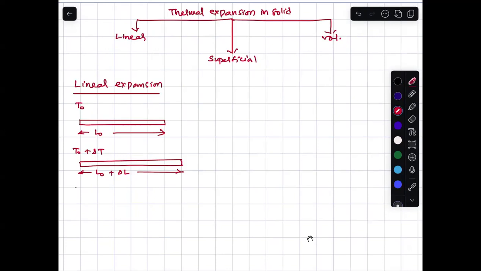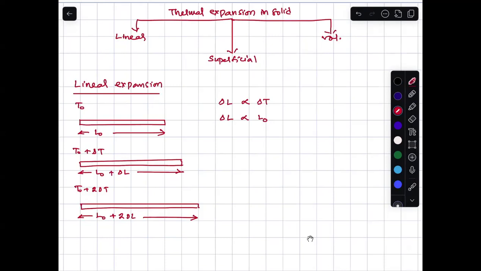Now I will heat it further by delta T. To my surprise, I can notice that it is L naught plus 2 delta L. So I have understood one thing: the increase in the length is proportional to the rise in temperature, not the temperature. Not only that, the increase in length is proportional to the initial length.